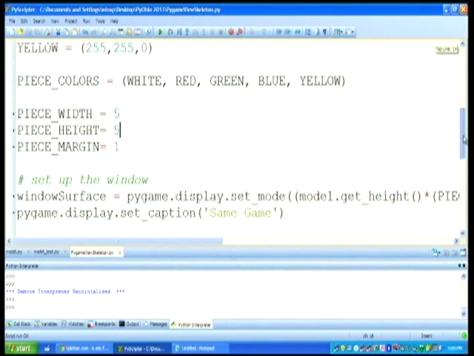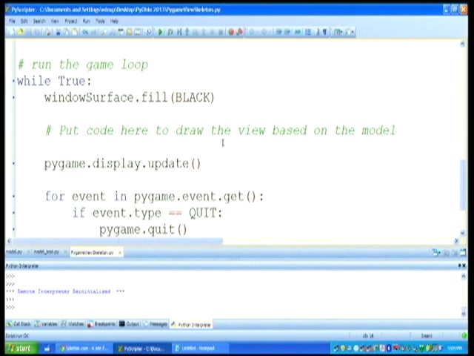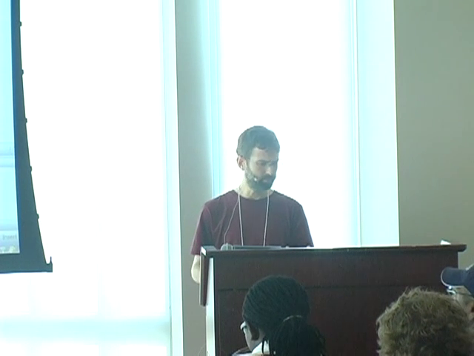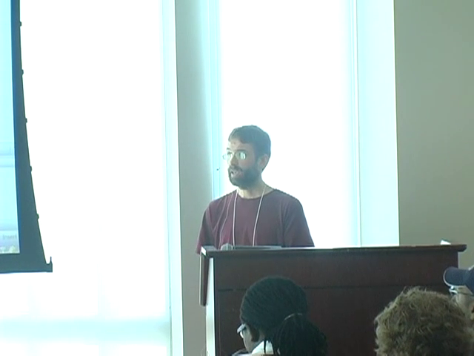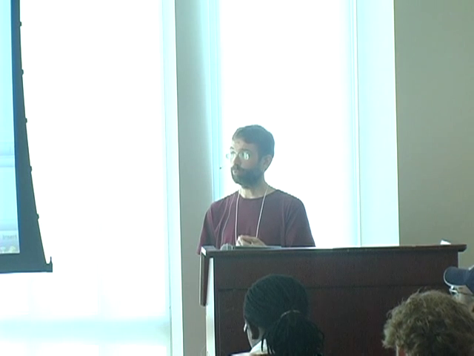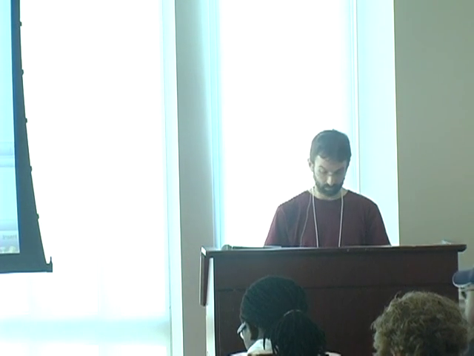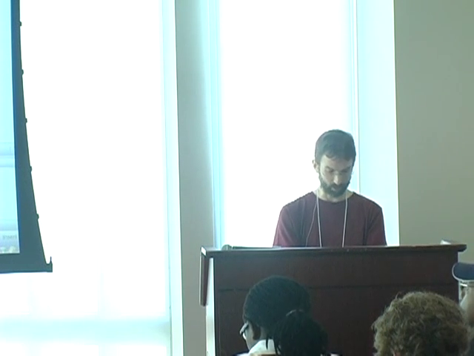Now down here, between the window surface.filled black and the pygame.display.update, we need to draw each of the squares that is part of the model. So we're going to call get block color as we go for each of the squares, and then draw an appropriately colored rectangle.